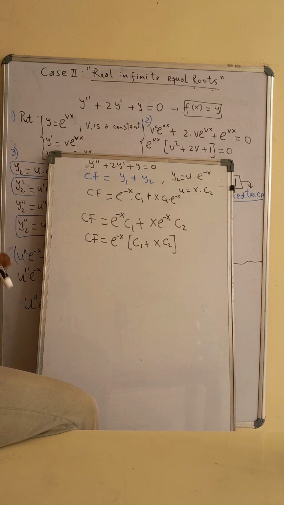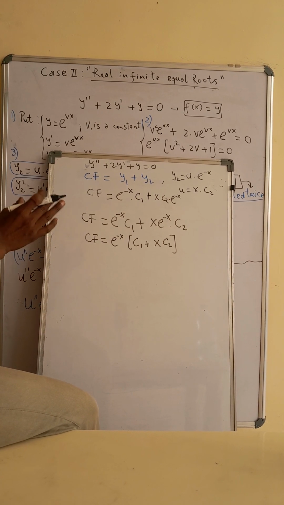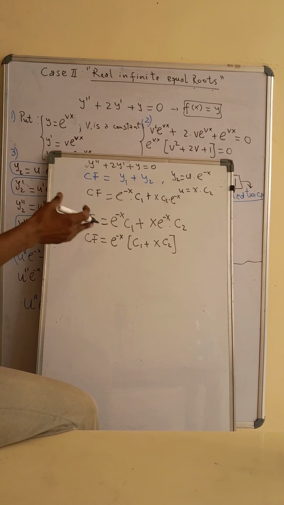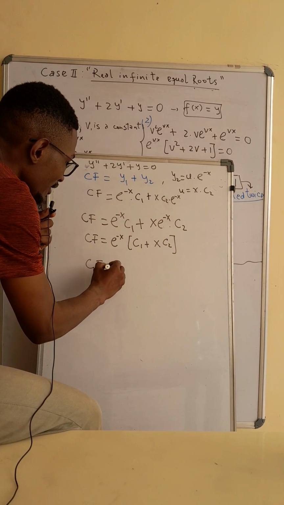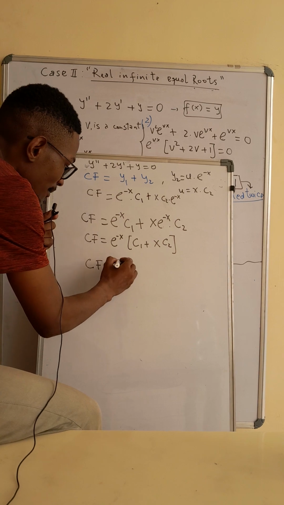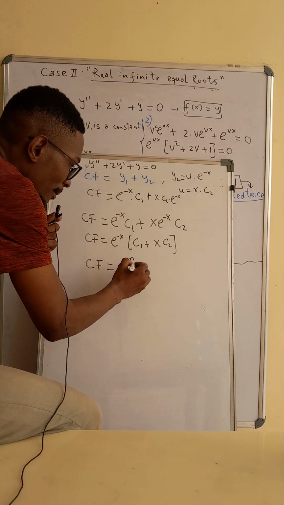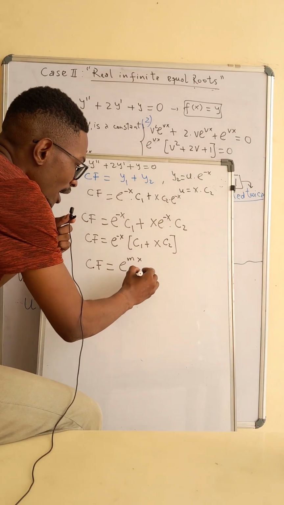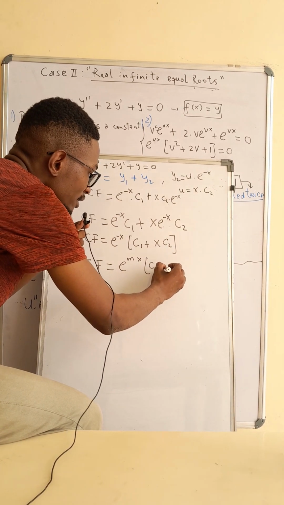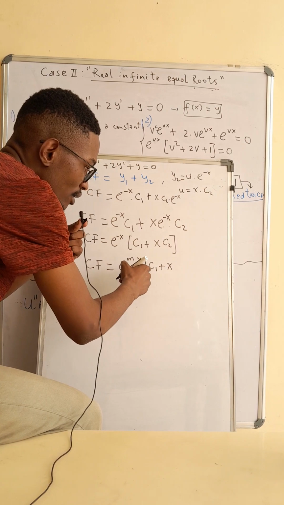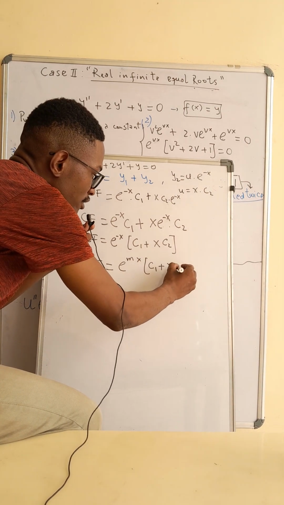Now to find the solution for infinitely many equal roots, what will it be? It will be CF. As the root is the same, I will put Euler raised to m, only m, x times C1 plus x C2.